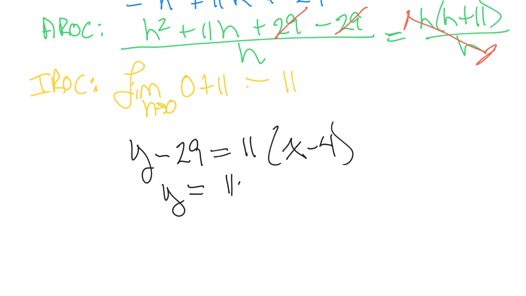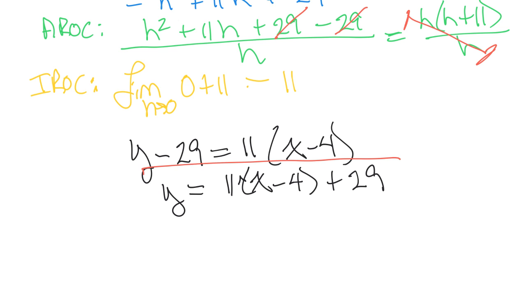So it's going to be 11 times the quantity x minus 4, plus 29. Okay, we could distribute that 11 and combine like terms, but it is not necessary. And that is number 6.